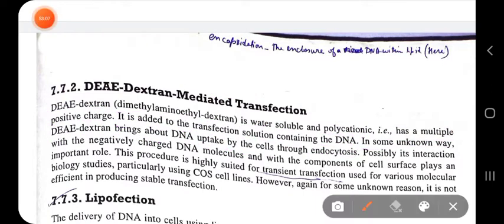So by endocytosis, DEAE brings the DNA to be taken up by the cells. That means cells will take up the DNA mixed with the DEAE by endocytosis.